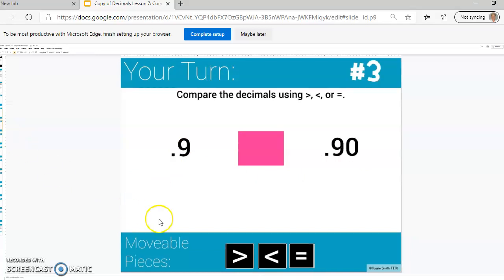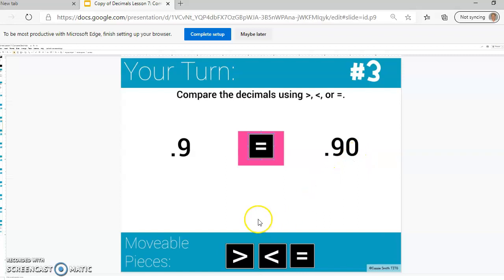And last one, you have 9 tenths and 90 hundredths. Now, if I added a 0 here, they would be exactly the same. They look different, but they actually equal exactly the same amount. So therefore, that is our equal sign. 9 tenths is equal to 90 hundredths.